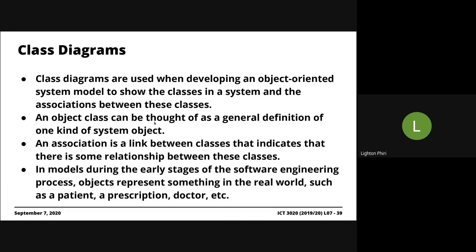Obviously, a class is nothing more than a general definition of an object that you're trying to model or represent, right? So if you're one of those groups that is trying to come up with a system that involves a student interacting with the system, then you know that at some stage you're going to have to define a student class, right? And the student class is a representation of a student object, right?